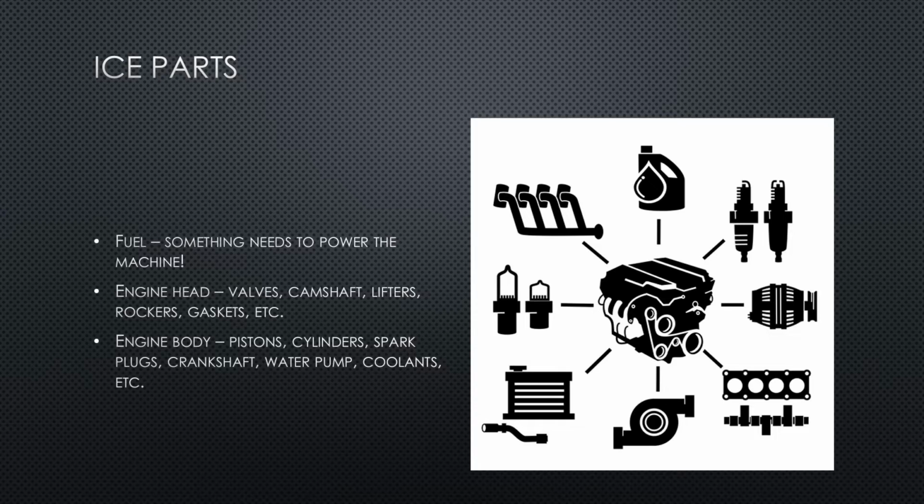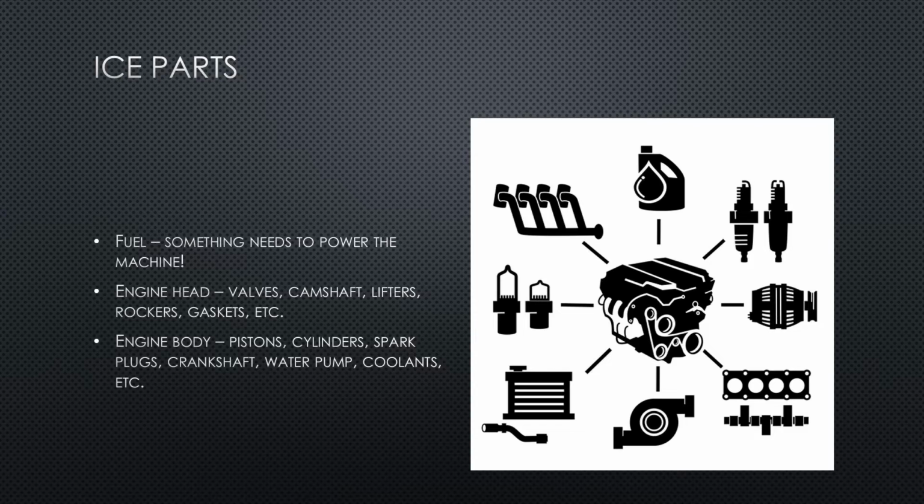And then it's kind of split into 2 big parts. So the engine head, which is composed of valves, camshaft, lifters, rockers, gaskets, and more. And then the engine body, which consists of the piston, cylinders, spark plugs, crankshaft, the water pump, coolants, and the list goes on and on, right?